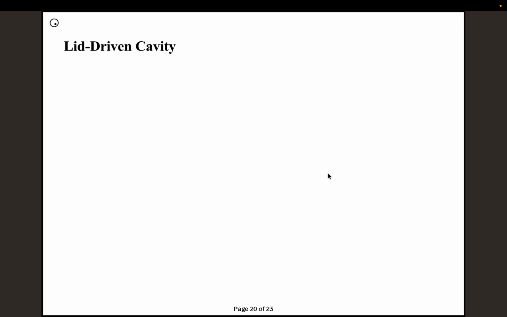Now let's solve some problems. The ones that are discussed in the lecture are where one is a lid driven cavity flow, where you have all these as stationary walls. And then you have the top, which is also a wall, an impermeable one, but with a fixed velocity. Impermeable, so we have the vertical velocity to be 0.